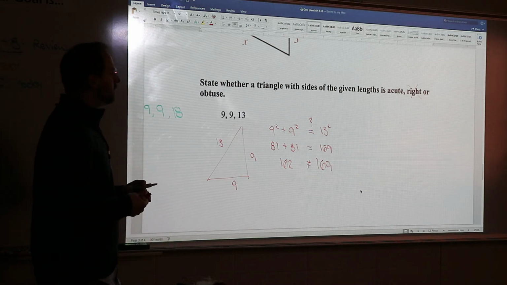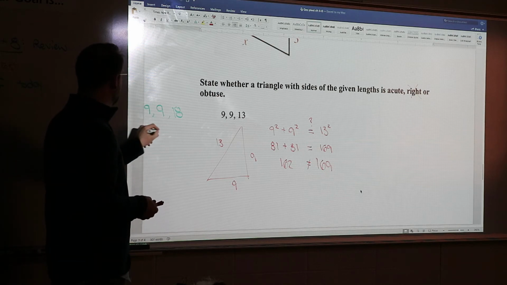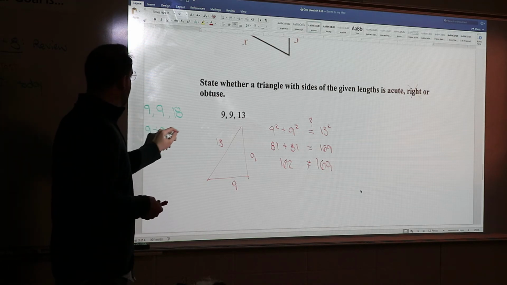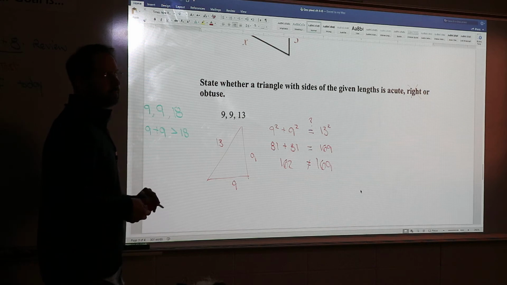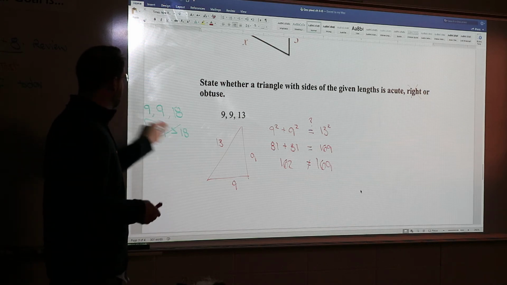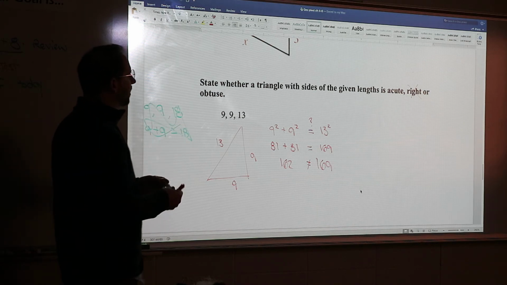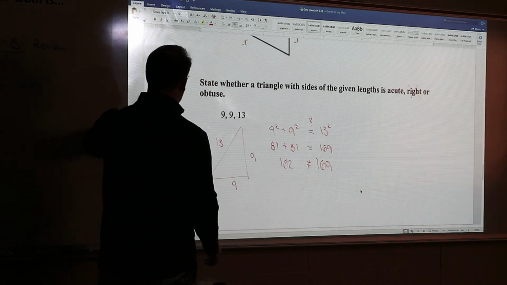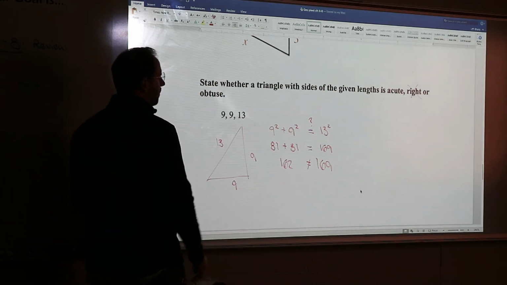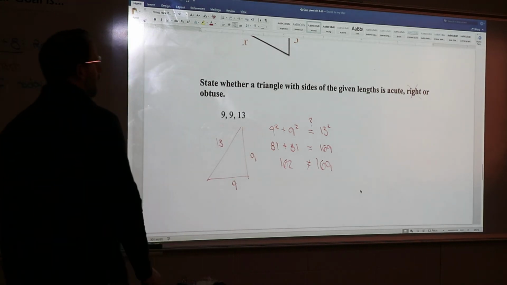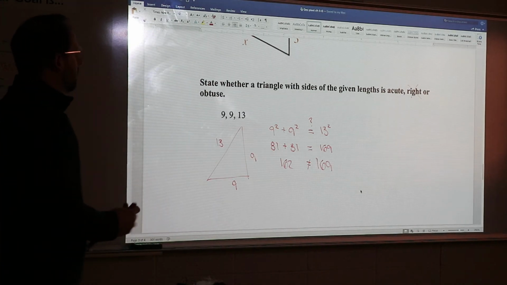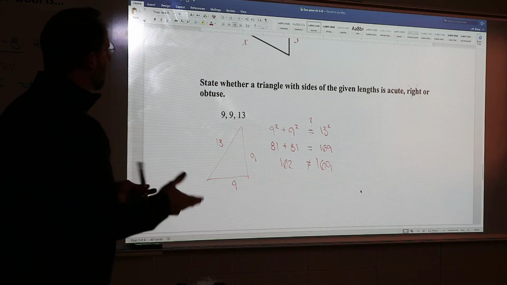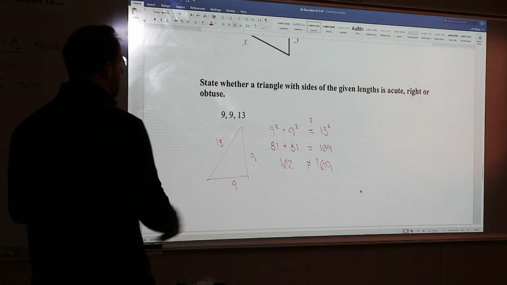That's not a triangle, because when you add two walls, they're not bigger than the third wall. It's actually equal, so that is not a triangle. But when you do the Pythagorean Theorem, that's how I can check for right triangles. Because with Pythagorean Theorem, if it's equal, then it's a right triangle. But you have to square the walls. In this case, definitely not a right triangle, but now we have to check what type it is.